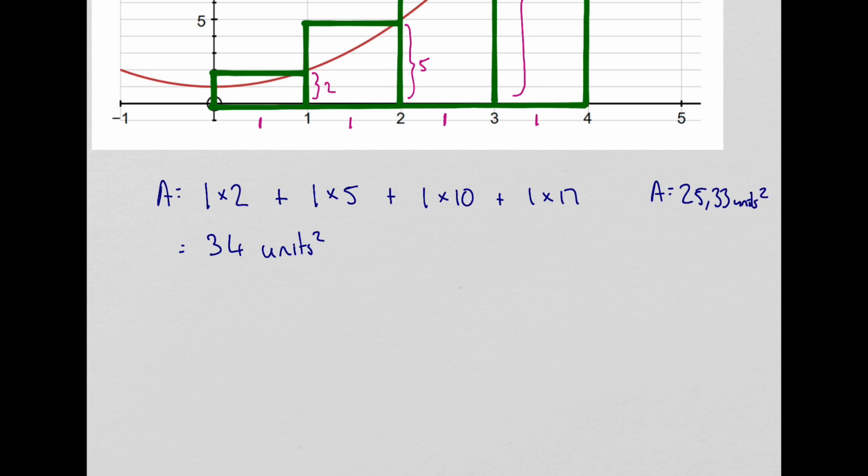But why are we getting a much bigger area of 34?